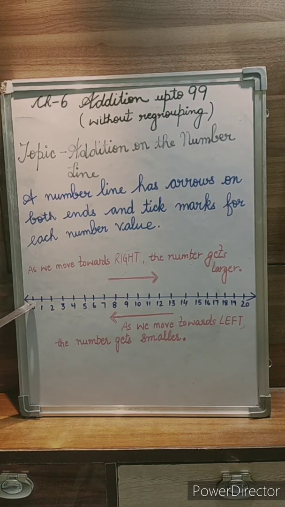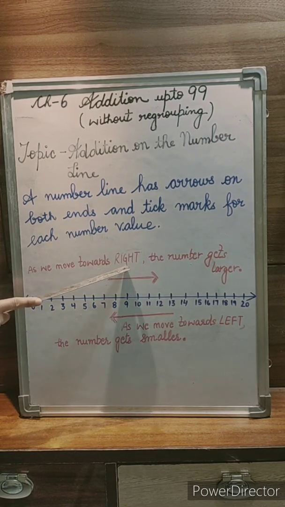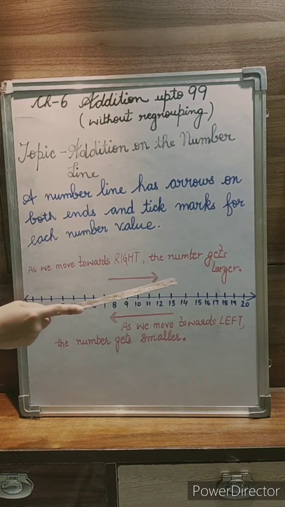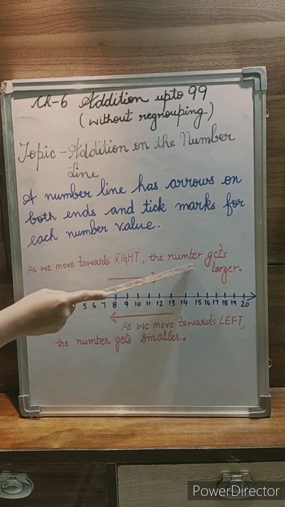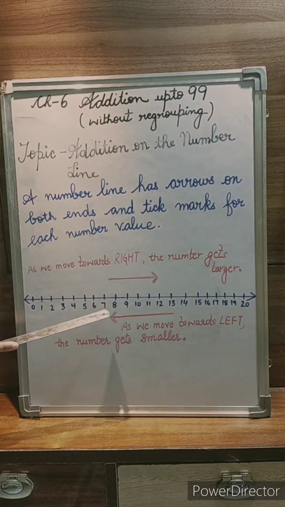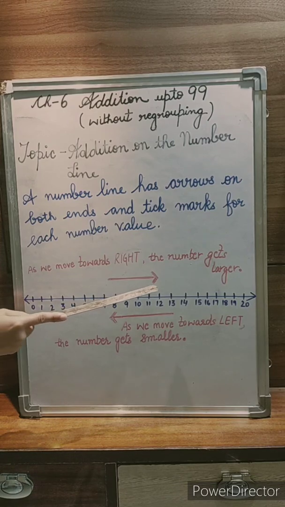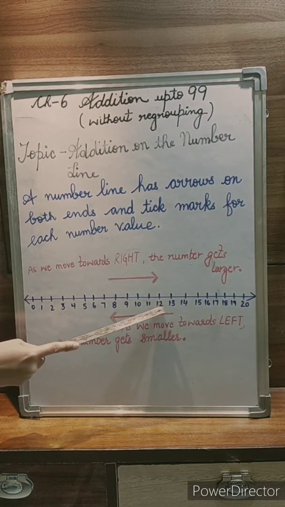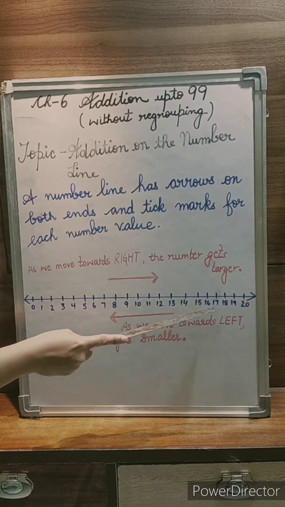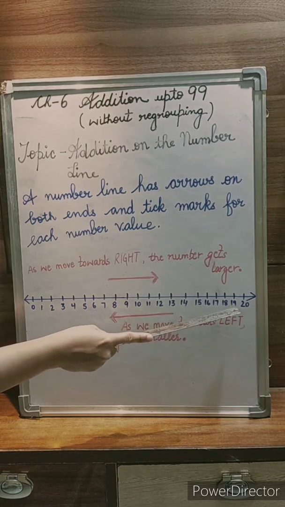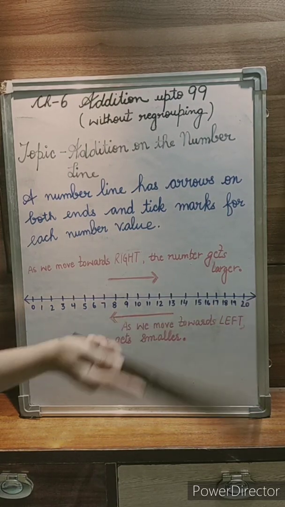For 0 we have a tick mark, for 1 also we have a tick mark, and so on. As we move towards the right, the number gets larger. As we keep moving right, the value of the number keeps on increasing.